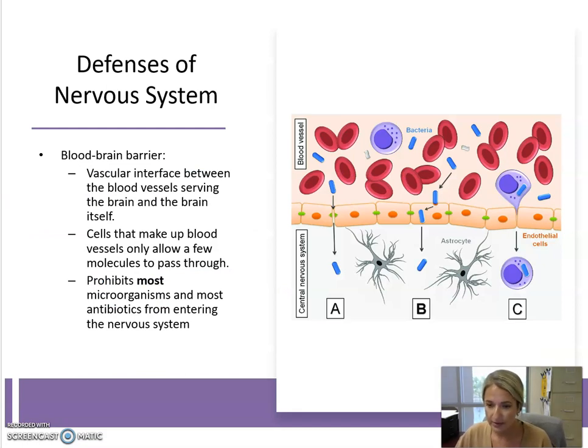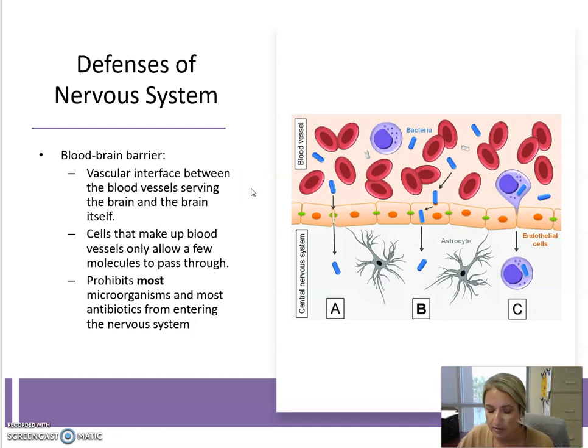So within the nervous system, we do have various immune properties that help prevent infections. One of the most popular barriers being the blood-brain barrier. The blood-brain barrier has to do with the blood vessels that run throughout the brain tissue.